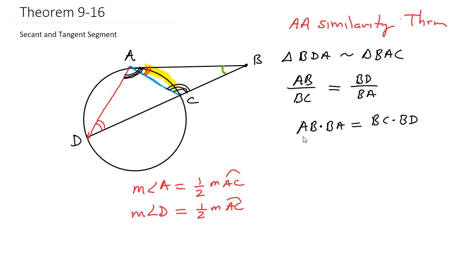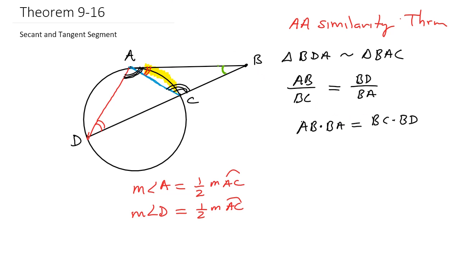What I want you to notice on the left side of this equation is that AB times BA is basically AB times itself. We can always rearrange those letters because they are the very same segment: AB is this segment, BA is the very same segment.